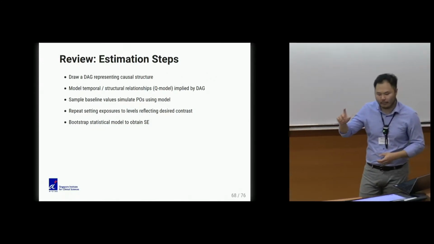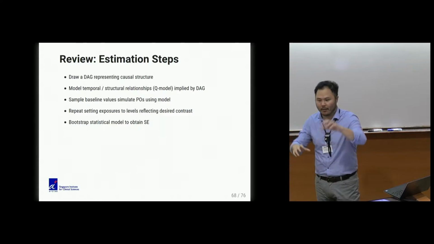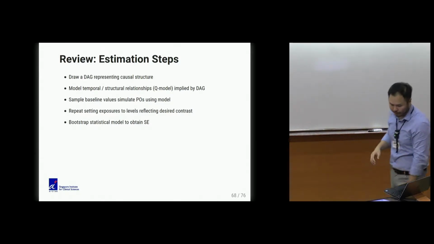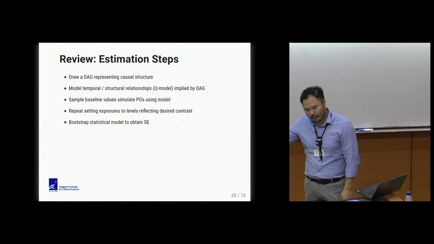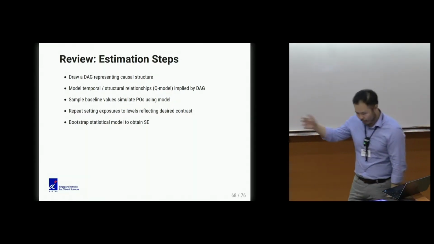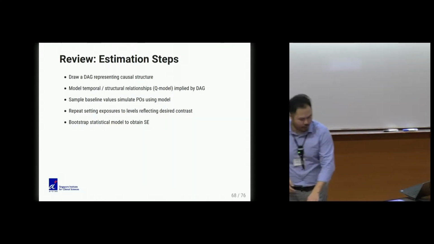You'll also see it referred to in the literature as the Q model because of the notation used to summarize. The Q model is basically the system of structural equations that determine the outcome. Resample the baseline values, simulate the outcomes underneath that. Repeat for whatever contrast that you are hoping to get.